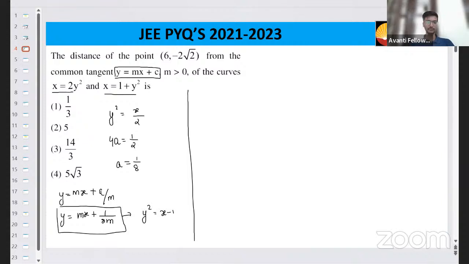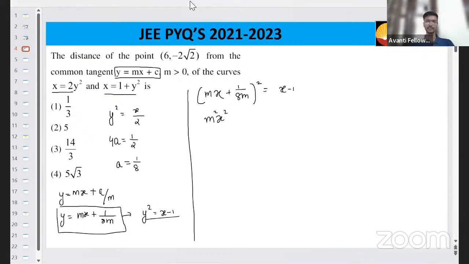So let us solve the line and the parabola simultaneously. What will we get, guys? I'm substituting the value of y in this parabola. So (mx plus 1 upon 8m) whole square equals x minus 1. Should we take the LCM first?